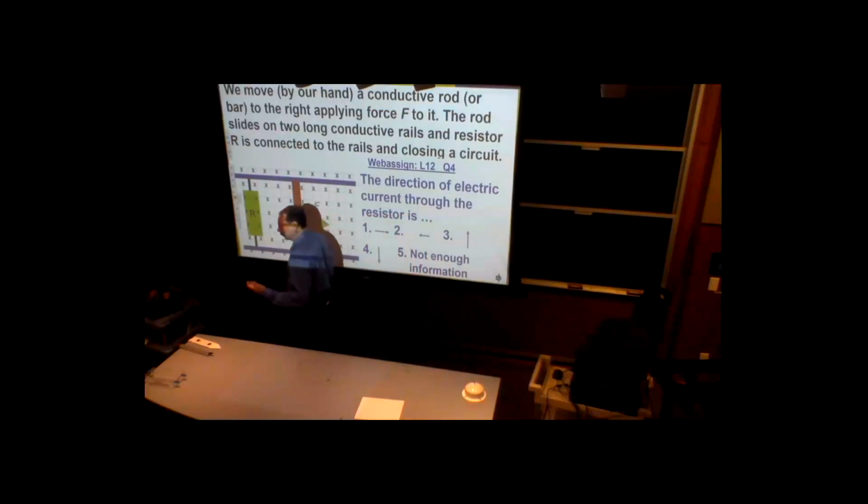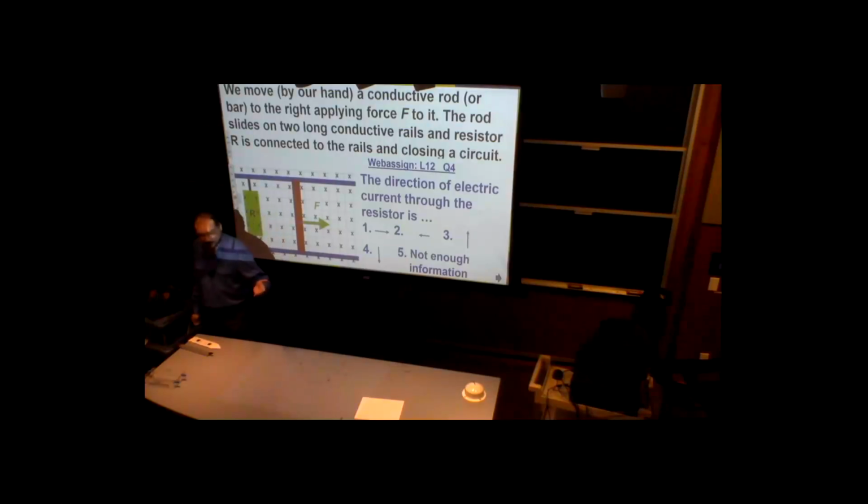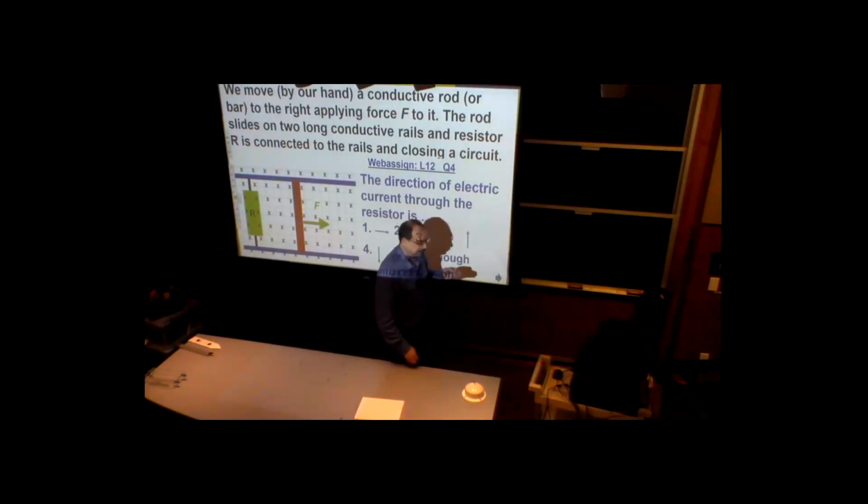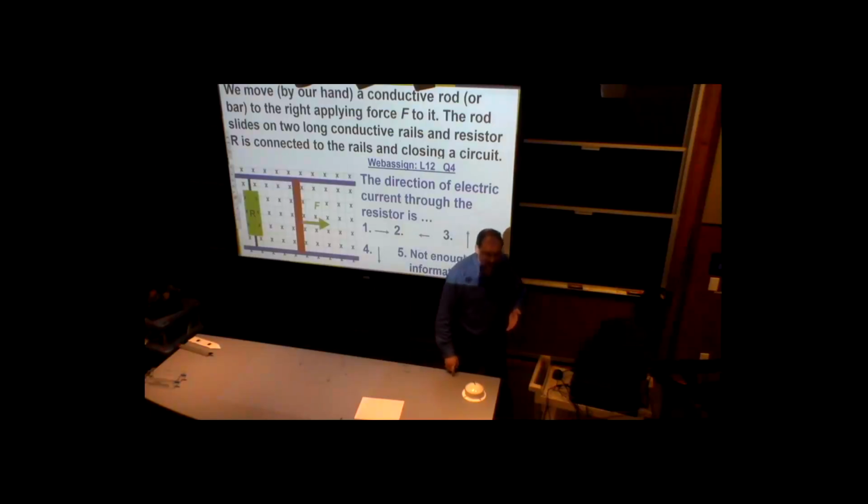If I ask, what is the direction of electric current in the circuit, you should say counterclockwise. But if the question is, what is a direction of electric current through the resistor, you should say up, through the resistor. How do we match counterclockwise and up?